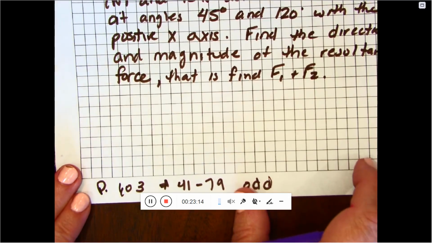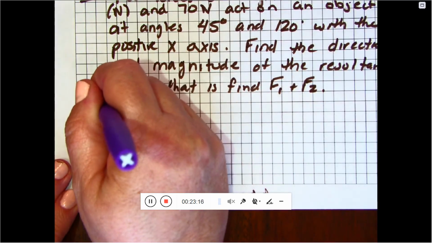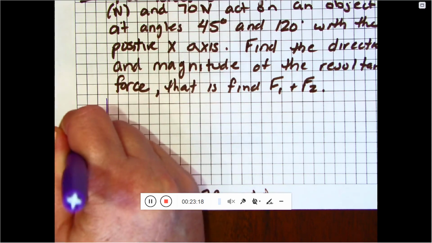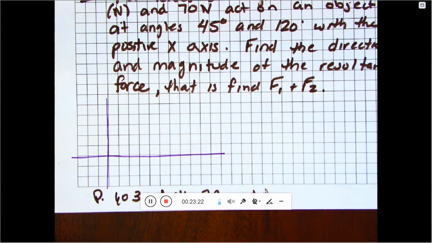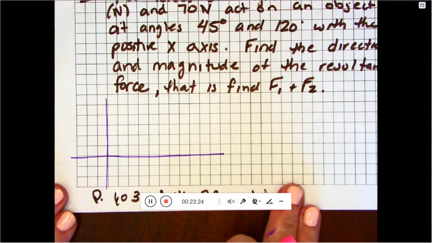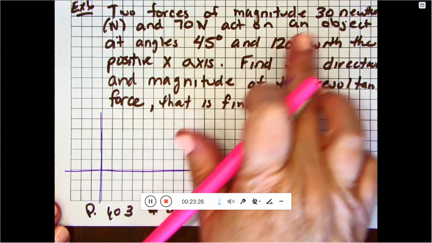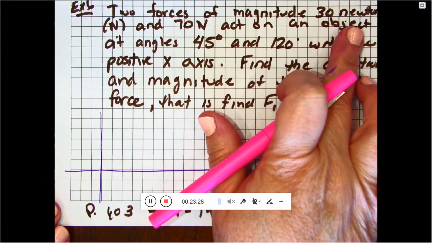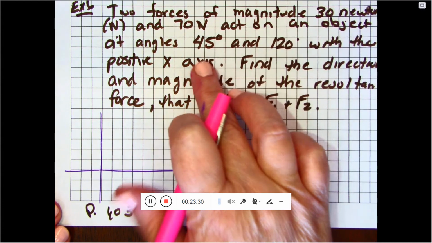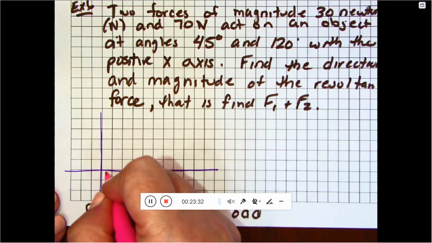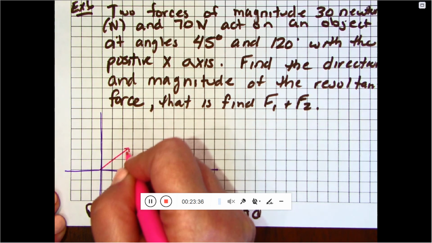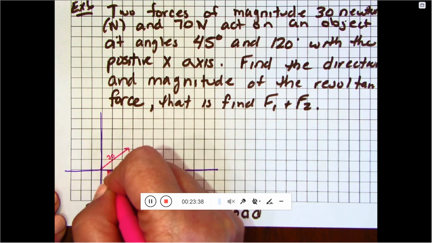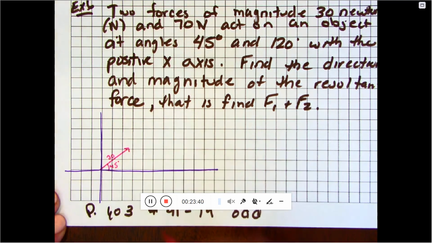Okay, so I hope I left myself enough room here. So let's draw this out. I'm going to do the first one in pink. It says the first one acts 30 newtons, so that's the force, that's the magnitude, at 45 degrees. So kind of to scale, let's say that's 30 newtons at an angle of 45 degrees.